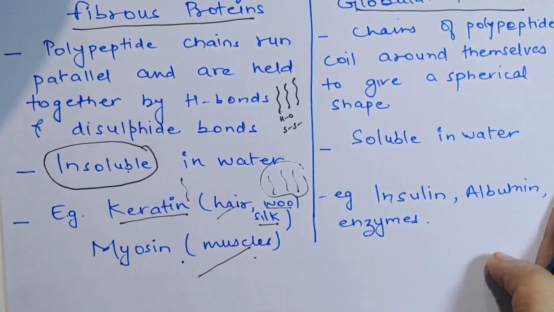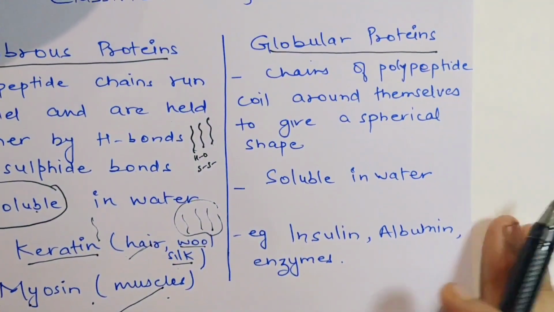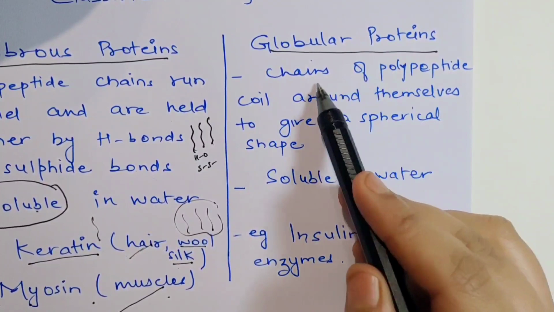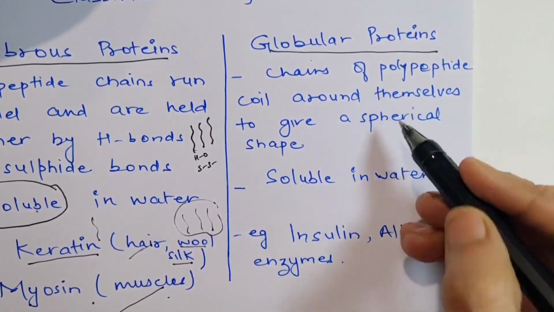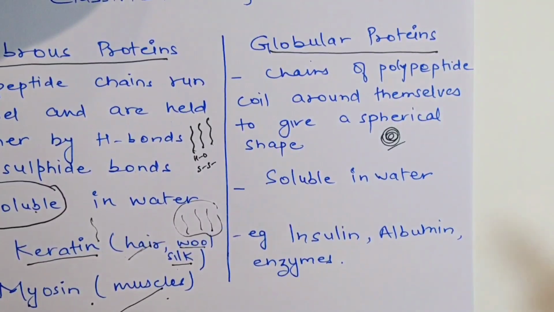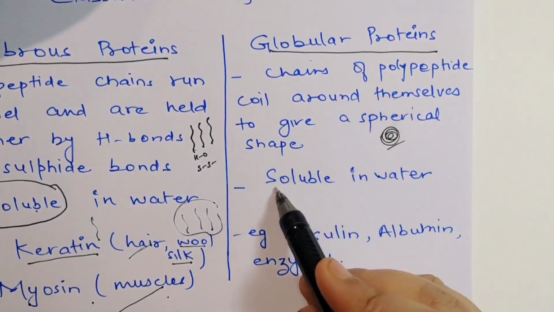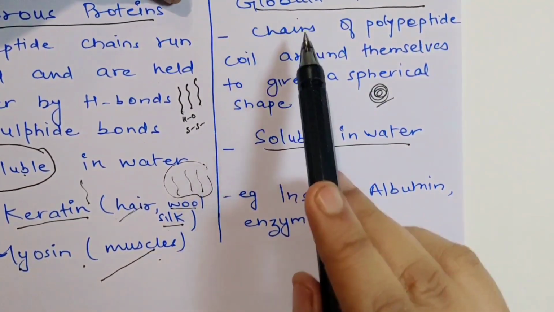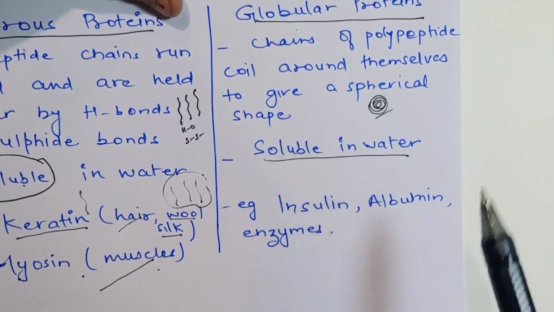Next up, we have globular protein. As the name suggests, it's a globule kind of shape. That means when polypeptide chains coil around themselves and take a spherical shape, that is a globular protein. It's soluble in water. How would you remember that? Remember the example. Globular is spherical shape.